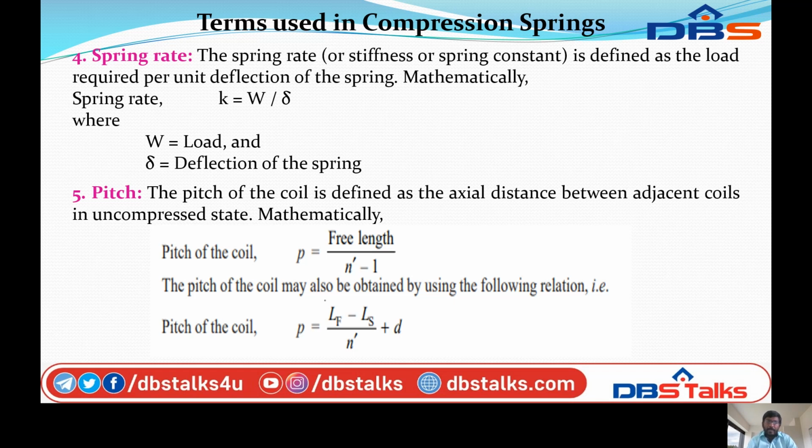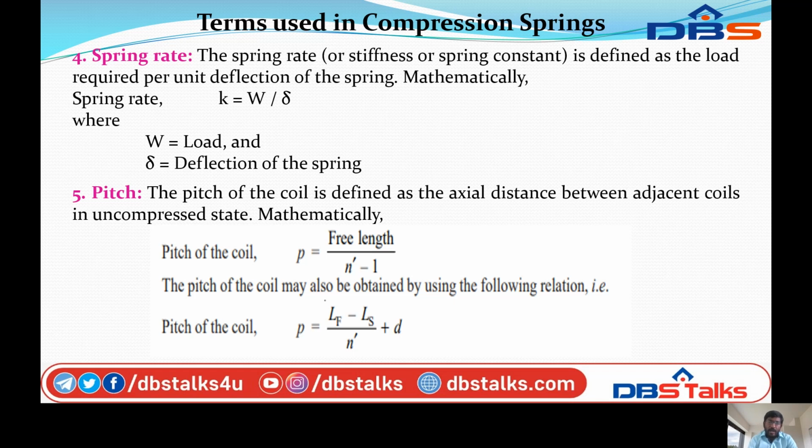Next, pitch. The pitch of the coil is defined as the axial distance between adjacent coils in compressed state. So mathematically, pitch of the coil p is equal to free length by (N dash minus 1).